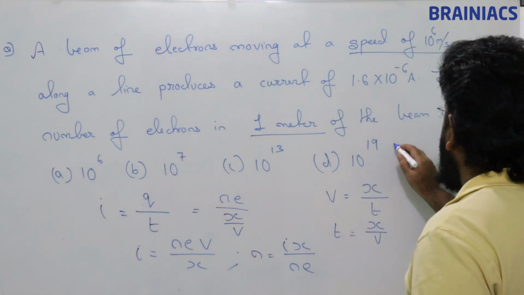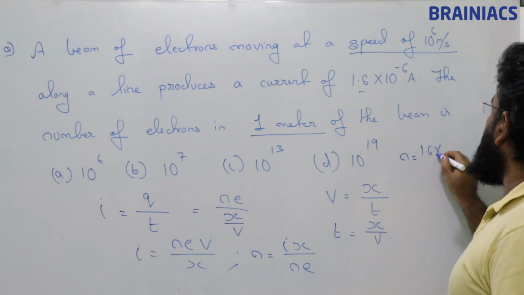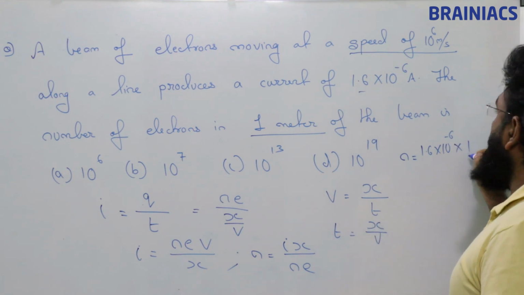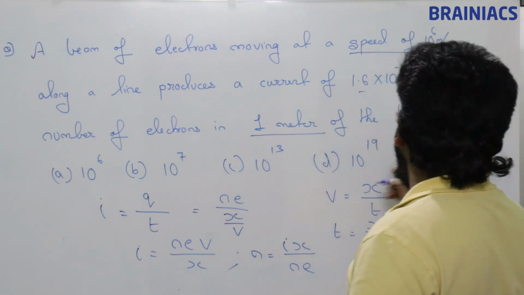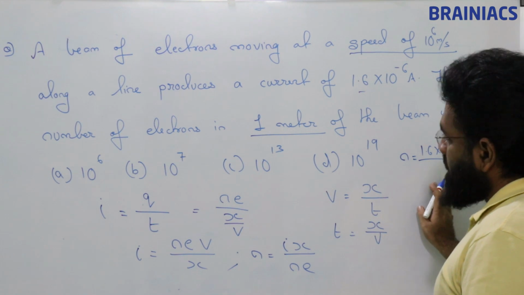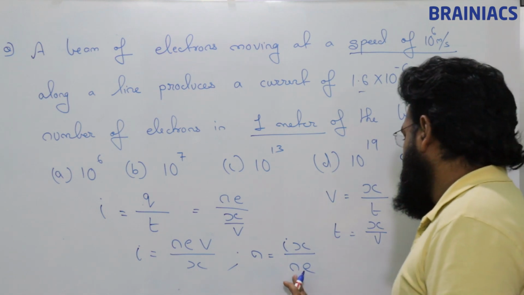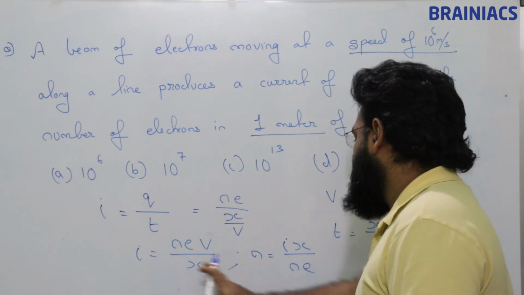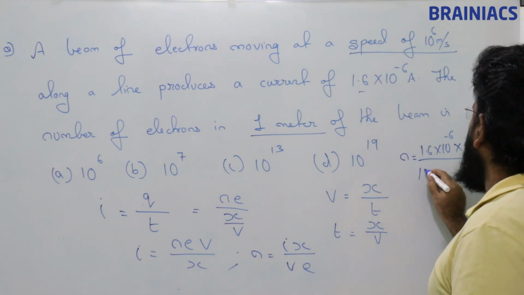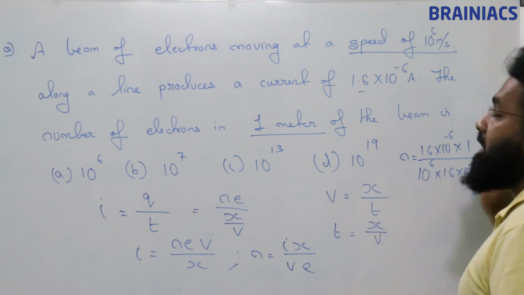So N is equal to I, 1.6 into 10 raised to minus 6 ampere, into x, they are asking the number of electrons in 1 meter. So 1 meter, divided by V, the velocity, 10 raised to 6, into E, 1.6 into 10 raised to minus 19.